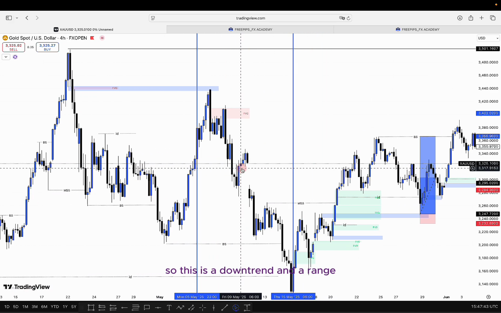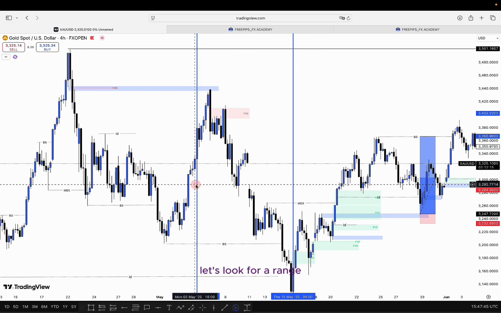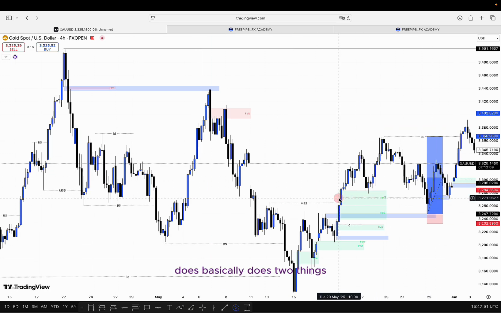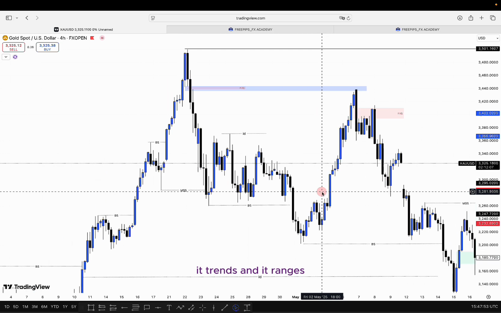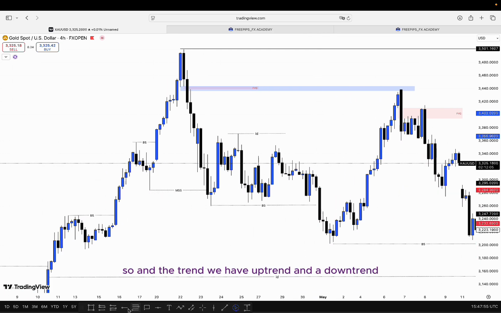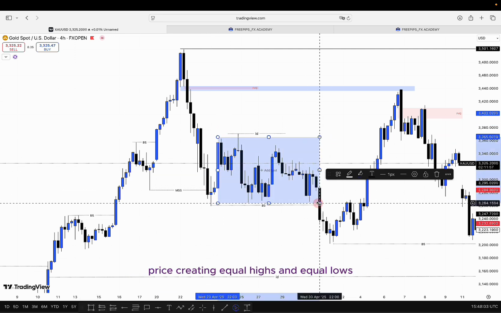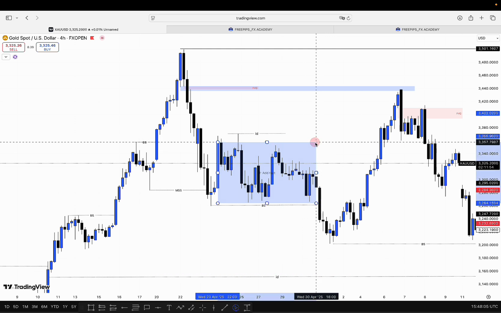And a range. Let's look for a range. We said market basically does two things: it trends and it ranges. In the trend, we have uptrend and a downtrend. So here is a whole range, price creating equal highs and equal lows.